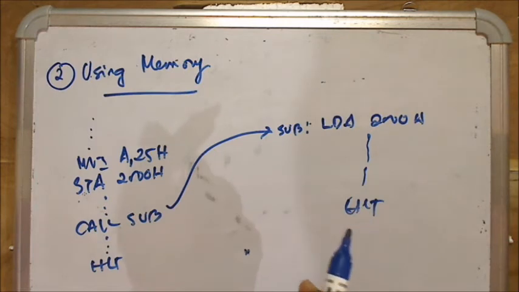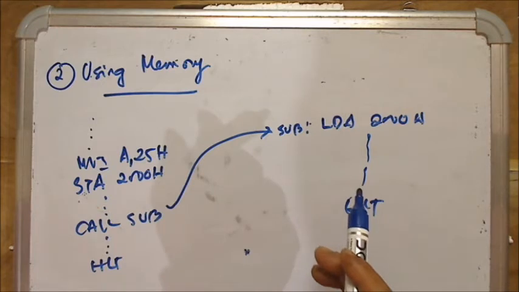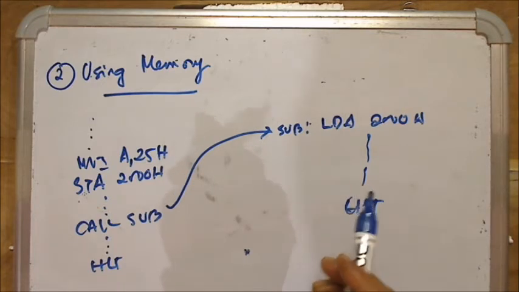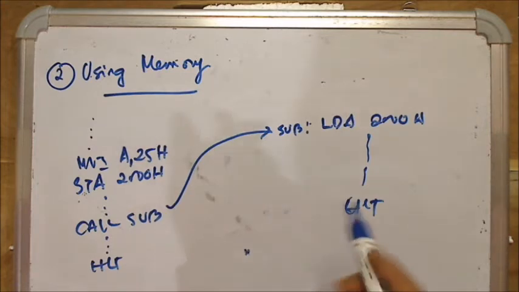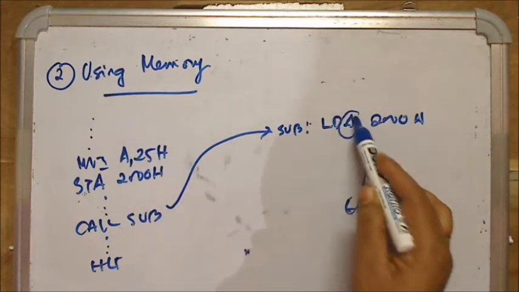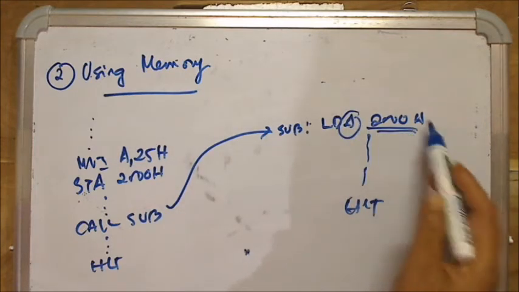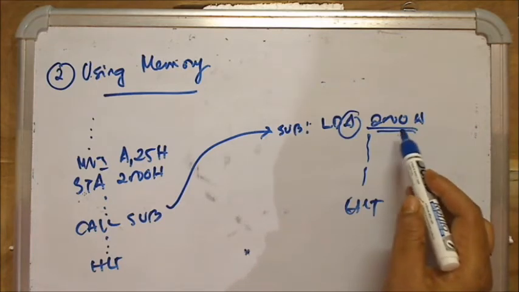I'm repeating again. In example 2, you passed your parameter 25H. You used a register in the first example. In example 2, you passed your parameter using memory location 2000, right? You have passed in A the data stored in 2000 location.